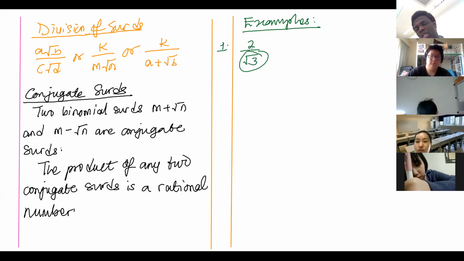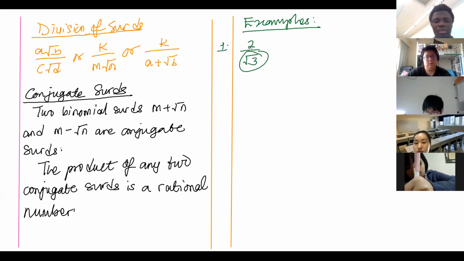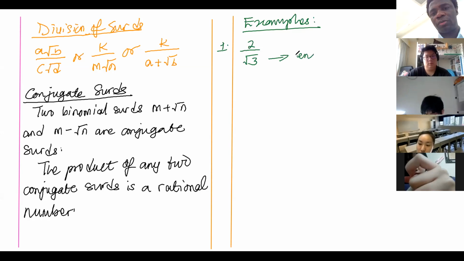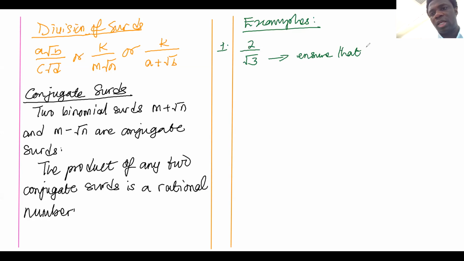We want to make sure the denominator is a rational number. That is why we say we rationalize the surd. So here, we ensure that the denominator is rational.